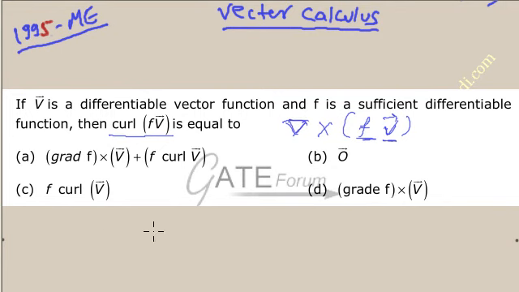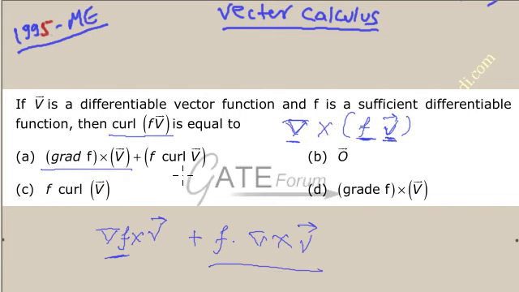The first part is del f, because f is scalar, so del f, and then v. The second is v is a vector, del is a vector, so f into del cross v. So here del f means grad f cross v, plus f curl v. This is curl v. So this is the correct answer.